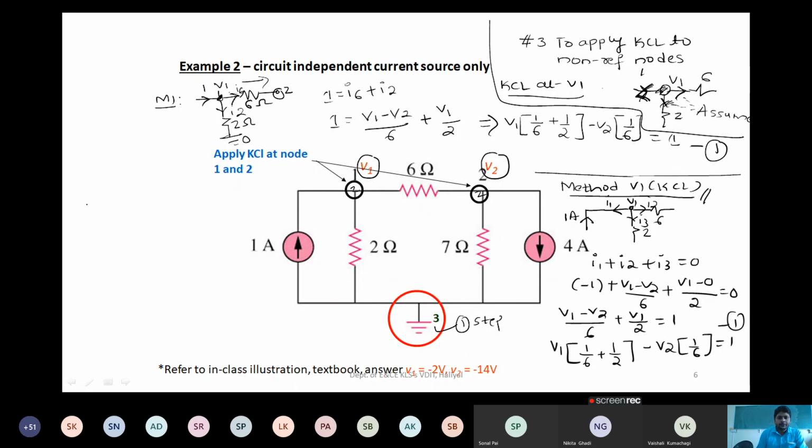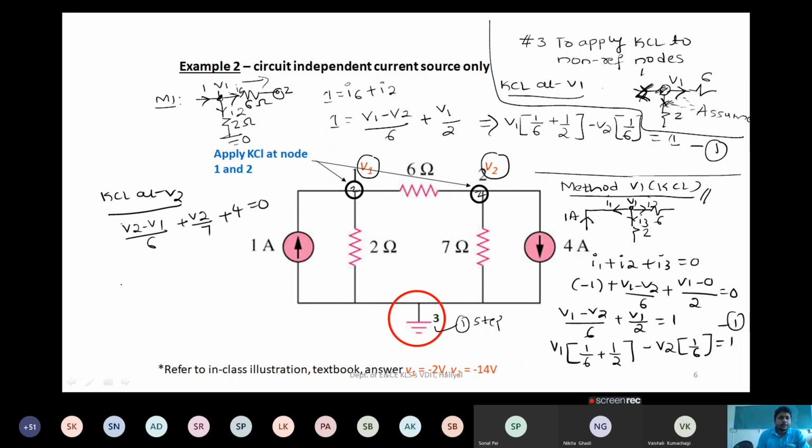Similarly, if I write KCL at V2, giving importance to the V2 node, I can write it as V2 minus V1 divided by 6 plus V2 divided by 7 plus 4 equal to 0.